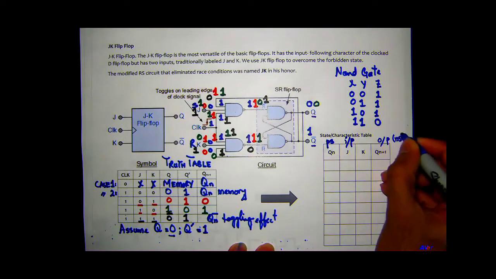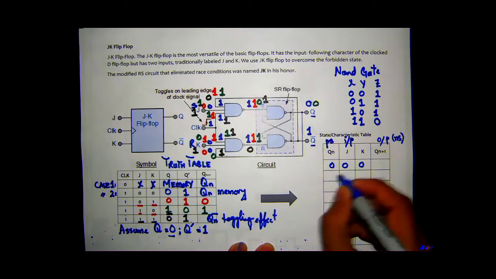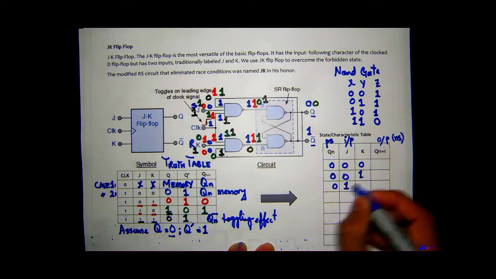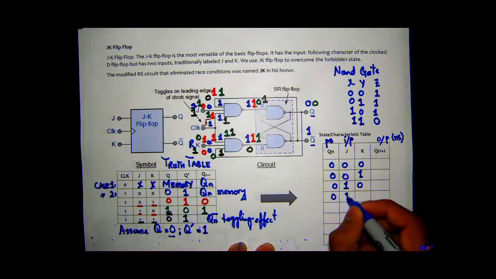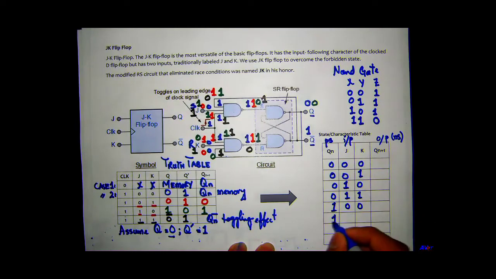Okay, right, so for 3 inputs we have 8 possible combinations: 0, 0, 0, 0, 0, 1, 0, 1, 0, 0, 1, 1, 1, 0, 0, 1, 0, 1, 1, 1, 0, and then 1, 1, 1.